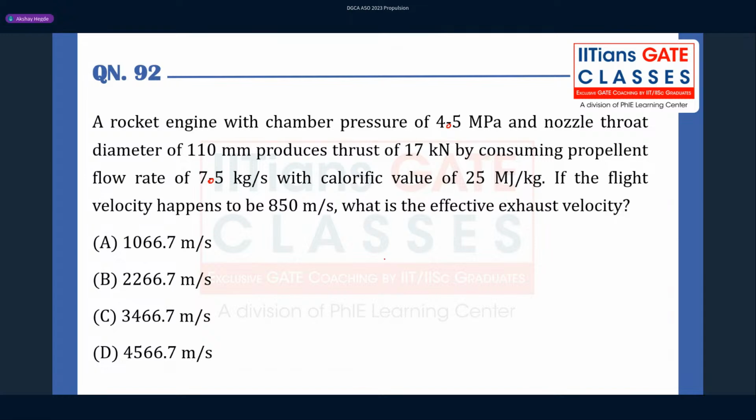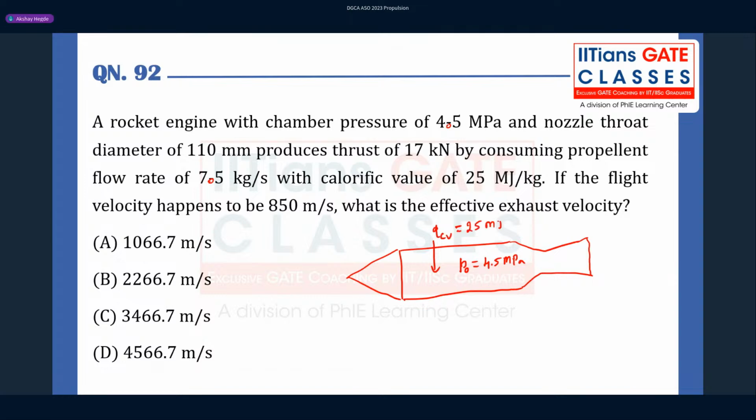Again, we can refer back to the same schematic we drew for the last problem. They have a rocket that is propelling in the atmosphere, which has a chamber pressure, let us denote it by P naught, of 4.5 megapascal, and we are adding heat into the combustion chamber with a calorific value of the fluid of 25 megajoules per kg.